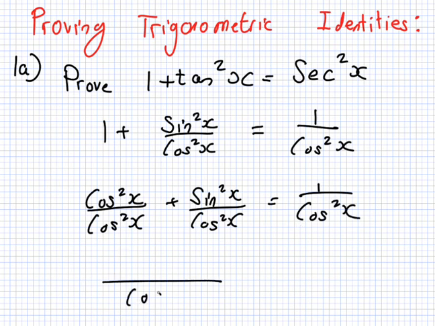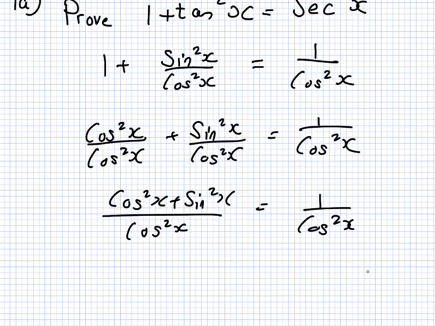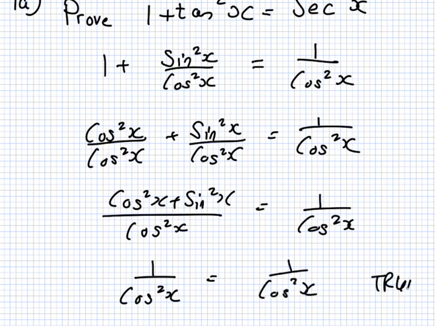So this here is cos squared x plus sine squared x equals 1 over cos squared x. But of course cos squared plus sine squared is 1, so you get 1 over cos squared x equals 1 over cos squared x, which you can see is definitely true. So that will finish the proof there for this one.